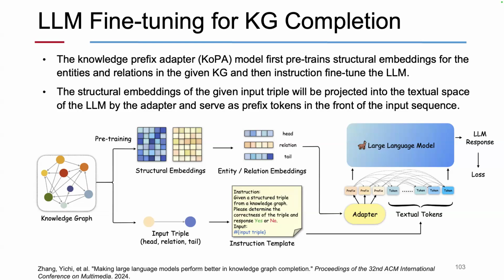You put it at the beginning of the input, and then you ask the language model to make a prediction based on these additional tokens and your original tokens, right? And the language model will receive a loss, right? Basically, the loss is about whether the triplet is actually true or not. So you get a loss, and the loss is propagated back to both the embedding model and that adapter.